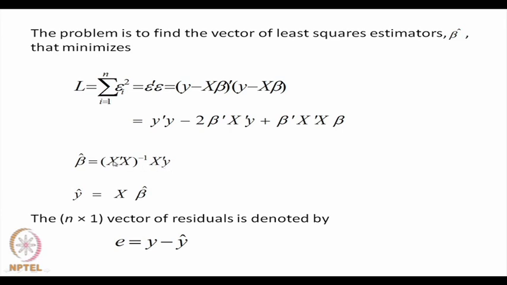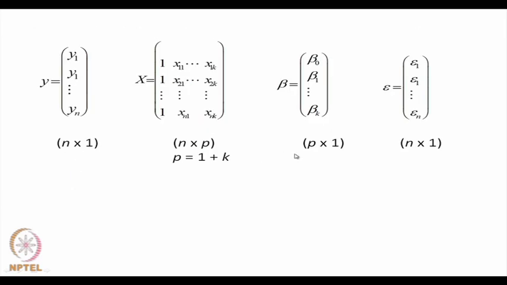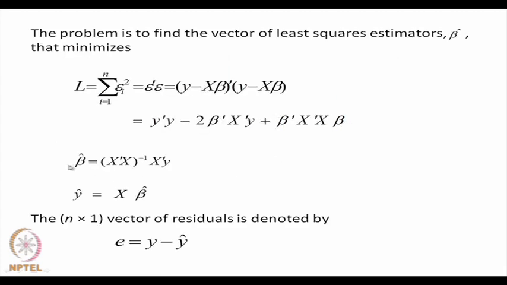X is, if you recall, this particular matrix with ones in its first column, and the data that we had collected for every cross sectional unit, the independent variables, are here. So, this is the final expression for beta hat, X transposed X inverse X transposed y.